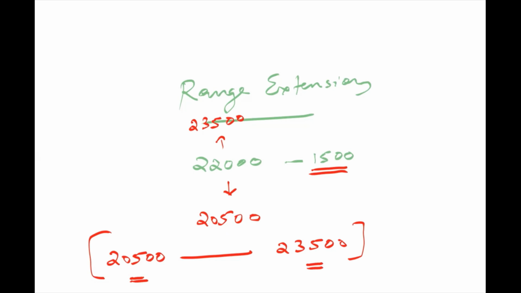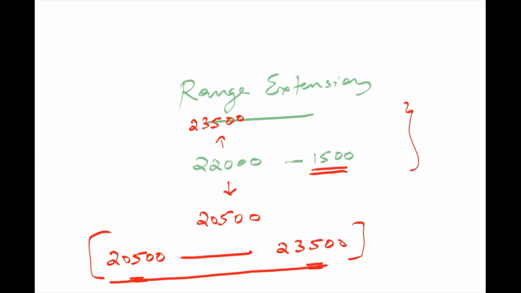Now, what do you mean by range extension? We have discussed the concepts of averaging and shifting. Along with that, you can apply this range extension also. Here your break-even points are clearly seen, that is 20,500 and 23,500.